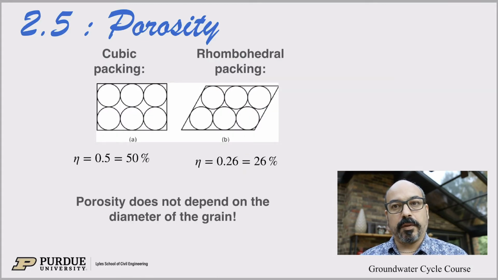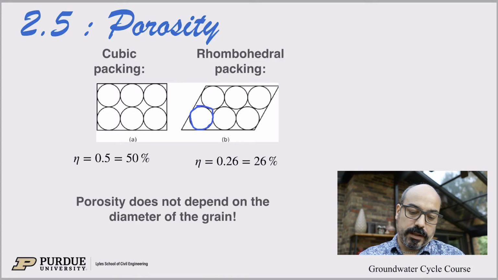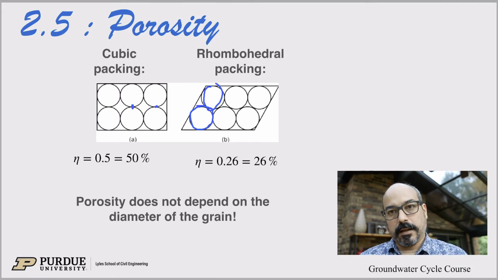So here's the example for the rhombohedral packing. You would see a more stable distribution, instead of having them stack on top of each other, it's the more stable, one half packing, where they actually touch in 2 points here.